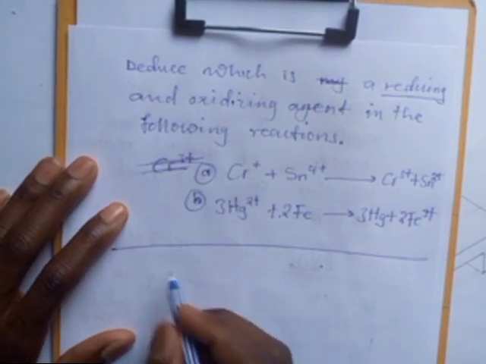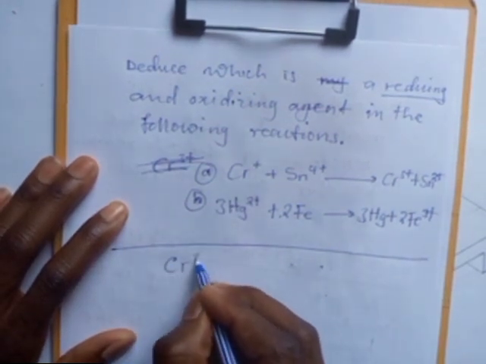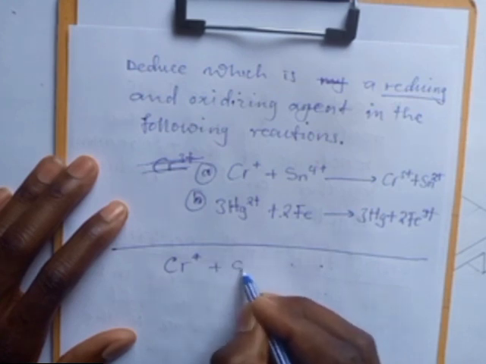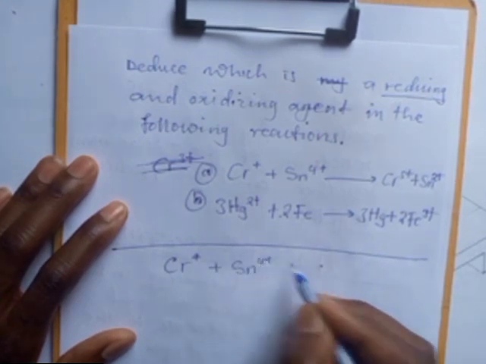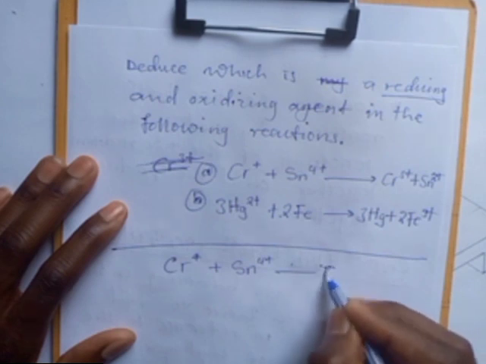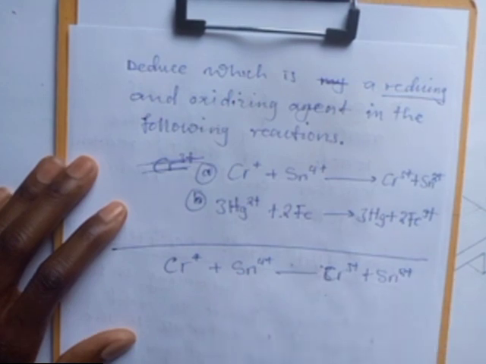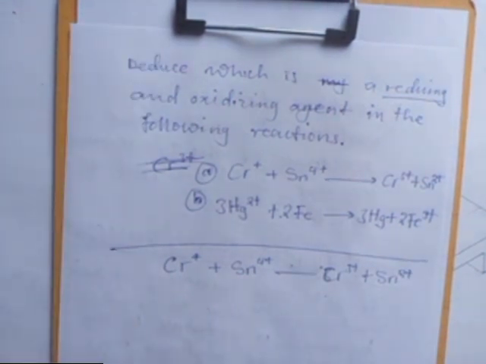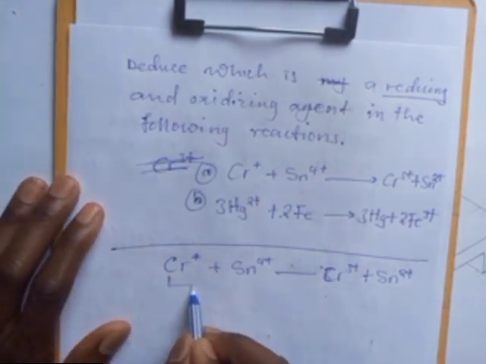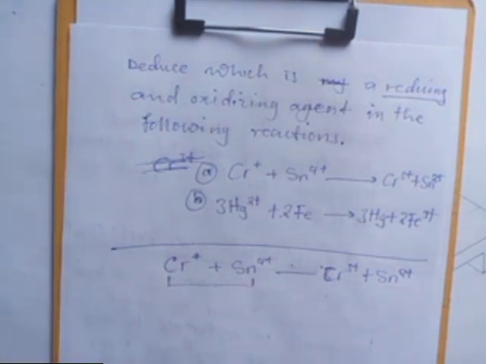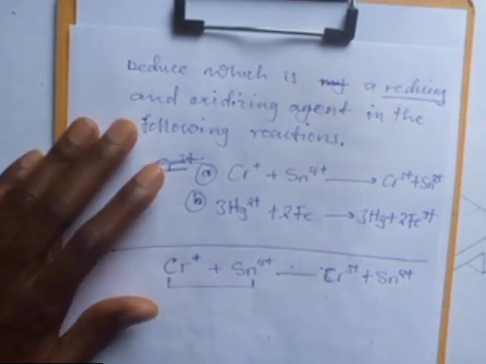I'll start with this one. I'll say Cr+, I'm having Sn4+, giving me Cr3+ and Sn2+. So before you even do anything, we understand that these two are the ones that are going to be either oxidizing agent or reducing agent, because these are the ones that experience oxidation and reduction reactions.